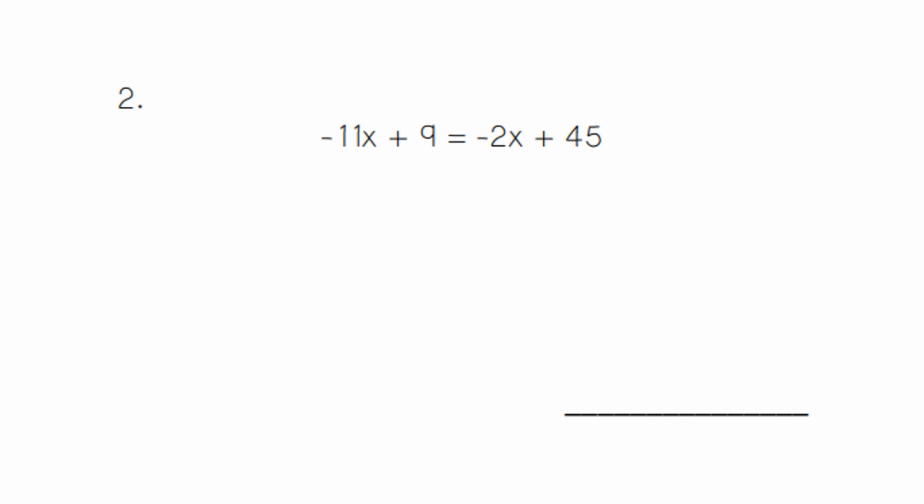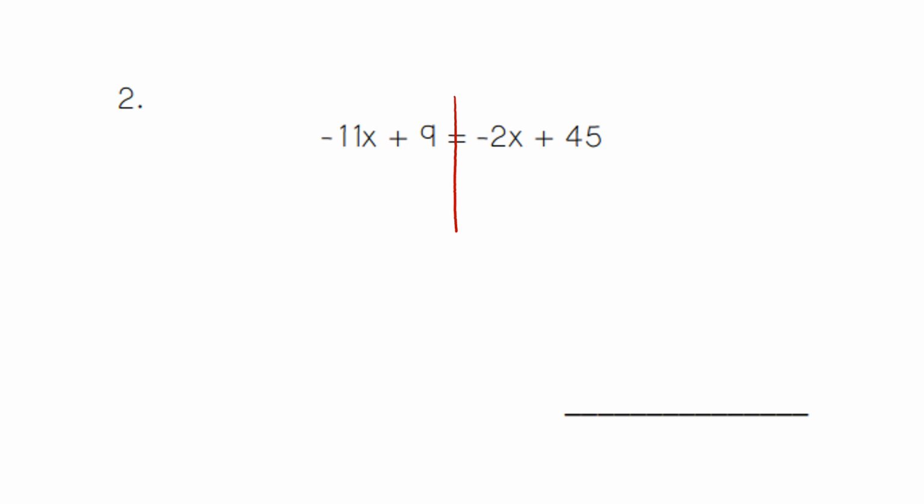In problem number 2, there are no parentheses, so there's no multiplication. There's no combining like terms. We're going straight into step 3 again. So here we have negative 11 plus negative 11x plus 9 equals negative 2x plus 45. So again, we're going to take our smaller value.